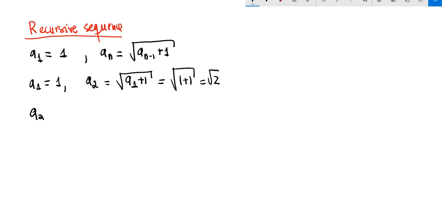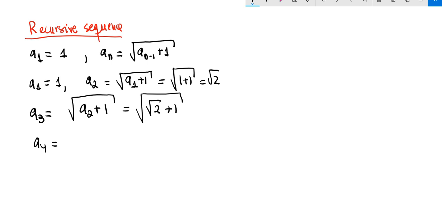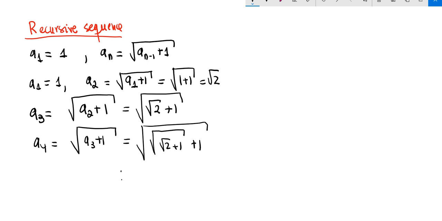And then you may have a sub 3, which is given to you as the square root of a sub 2 plus 1, and that will be the square root of square root of 2 plus 1, and a sub 4 is the square root of a sub 3 plus 1, and so on, right? And you can keep going in this fashion. So you can have a sequence which is also given this way.